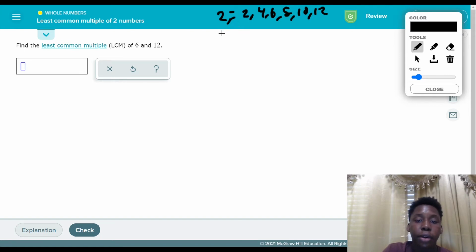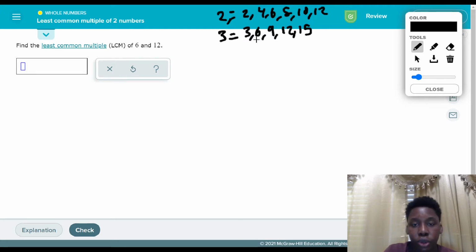Let's say we have another number here, which is 3. Multiples of 3 use the same concept: 3, 6, 9, 12, 15, and so on. When we're dealing with the least common multiple of two numbers, it's basically the least number that appears in both lists.